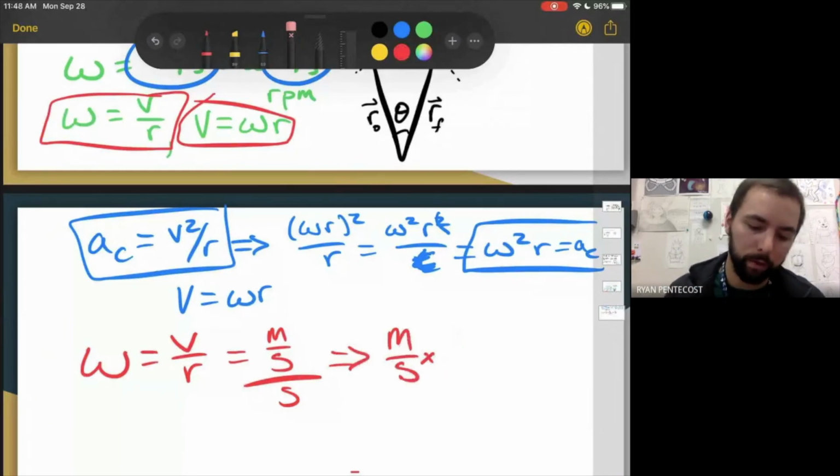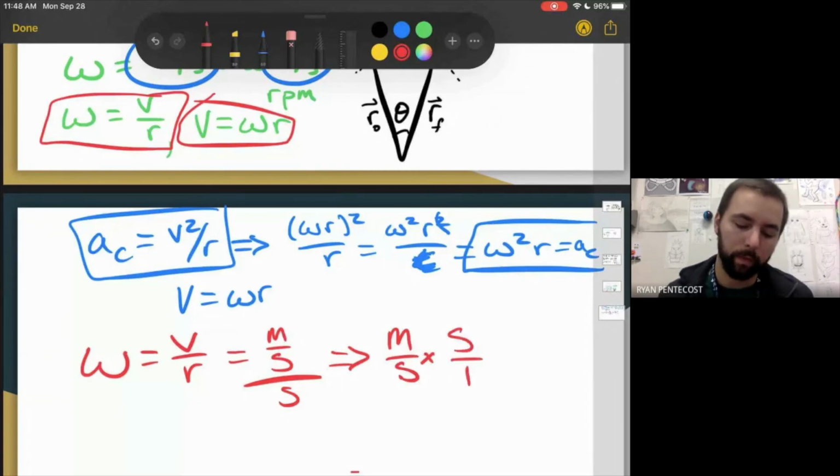Times seconds over 1. Right? So then, what am I doing wrong? I'm sorry. I knew something was missing. I apologize. Radius is not measured in seconds, it's measured in meters. So to multiply by the reciprocal, I was right, you've got 1 over meters. So those meters will cancel, and that gives you the unit 1 over seconds, or more commonly, seconds inverse, right?